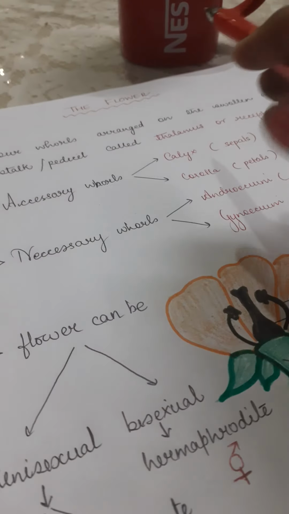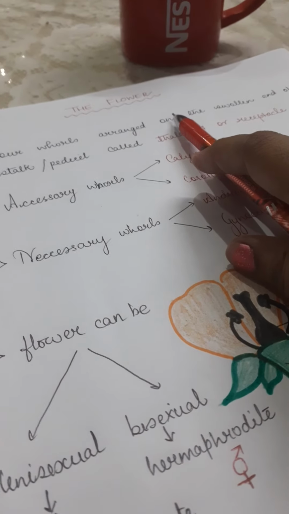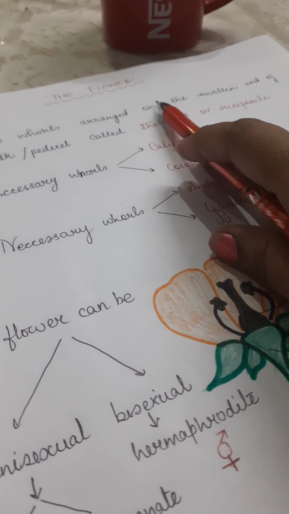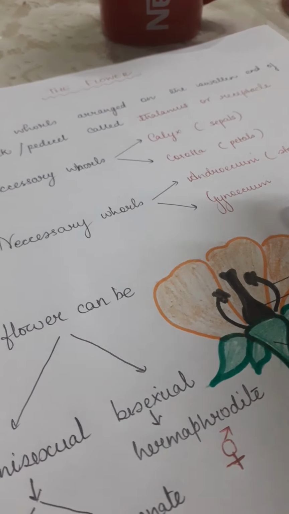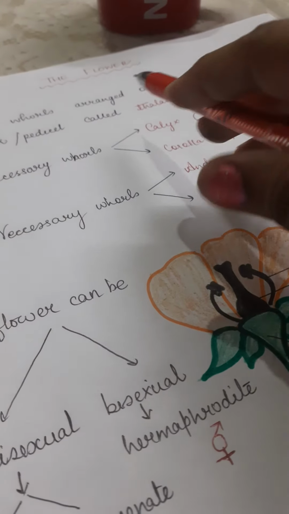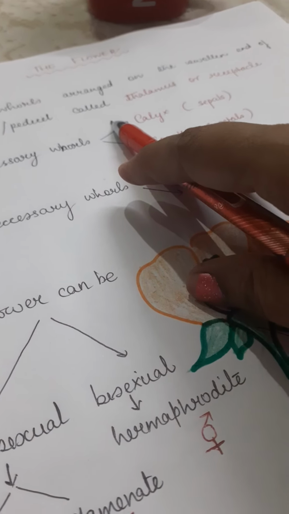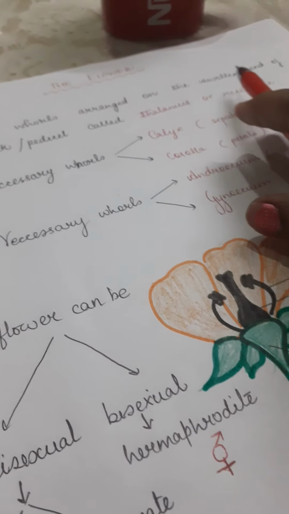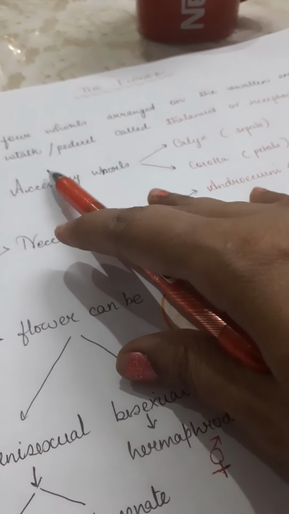Now you must understand that a flower has got four whorls. Whorls, because they are arranged in a circular manner, so it is called a whorl. So four basic whorls, which are arranged on the swollen end of the stalk or pedicel.